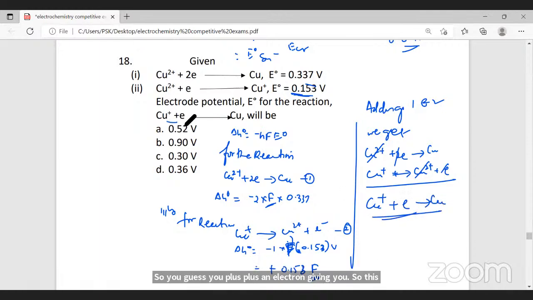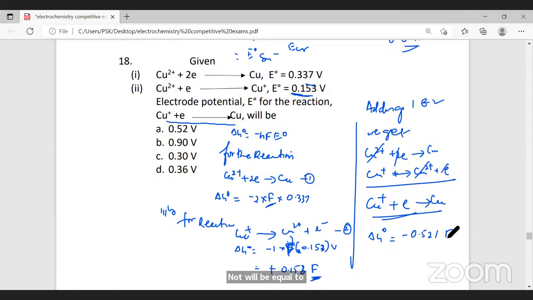This is the required equation. We have to add both, so delta G naught will be equal to minus 0.521 F. So when you add these two values, you get delta G naught as minus 0.521 F.